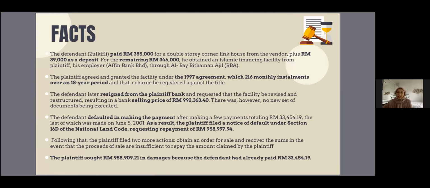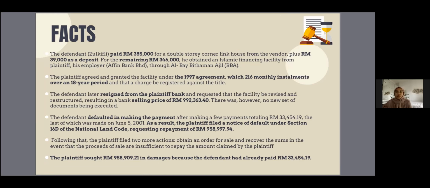Okay, so firstly, I will be talking about the facts in the case study. Firstly, the defendant, Zulkifli, paid RM 385,000 for a double-story corner-link house from the vendor, plus RM 39,000 as a deposit.